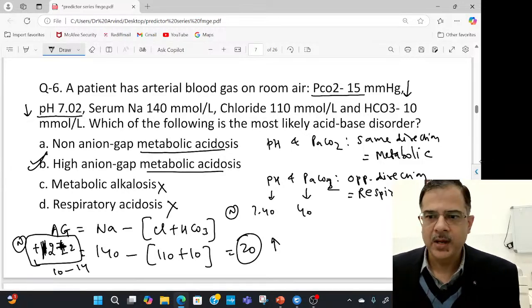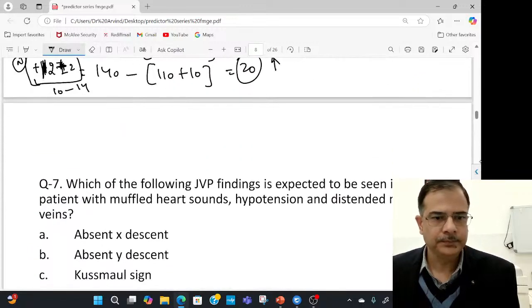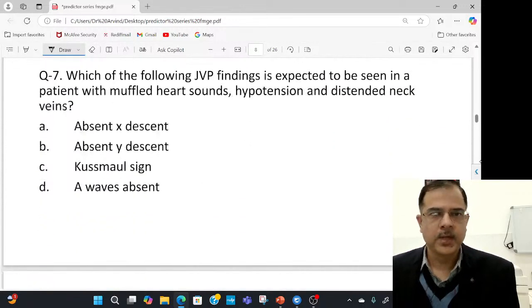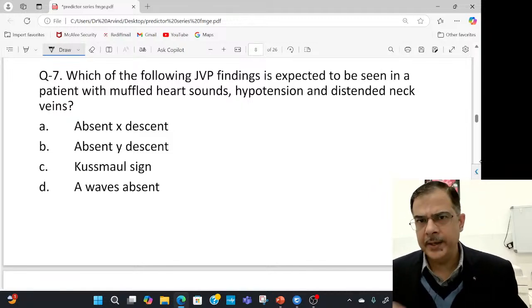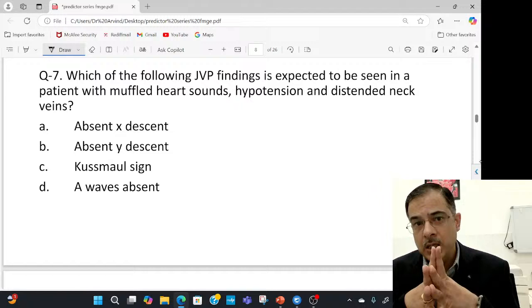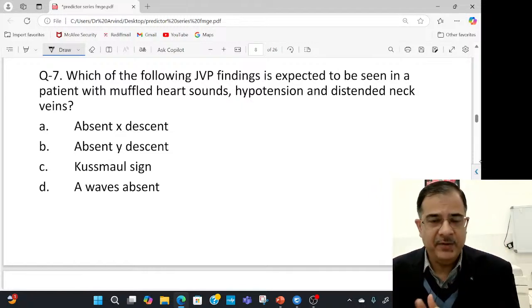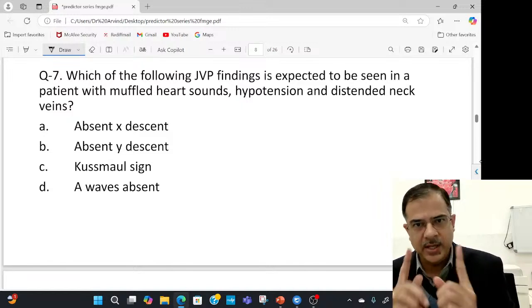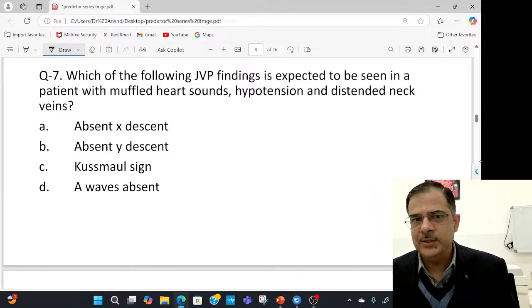Very nice. Now come to question number 7. Question number 7 is on the cardiovascular system, and this topic is coming in every exam. In every session, they are asking a question from this topic. So what is this topic?